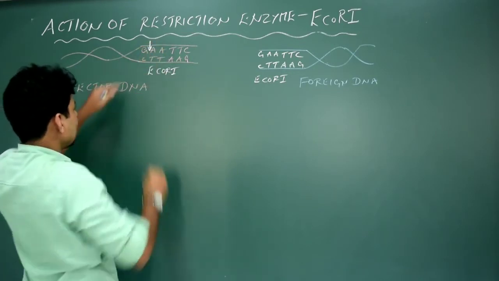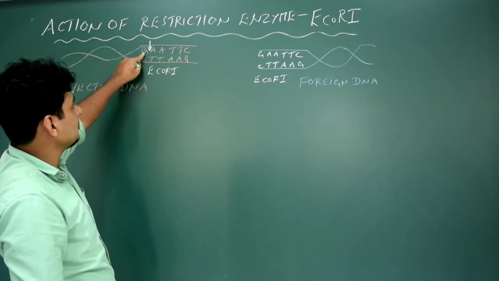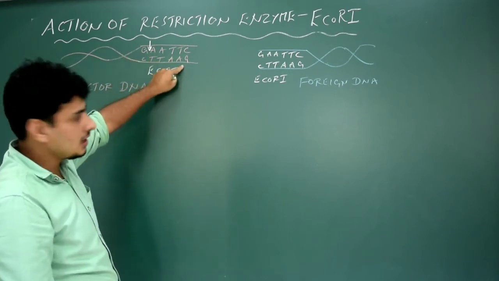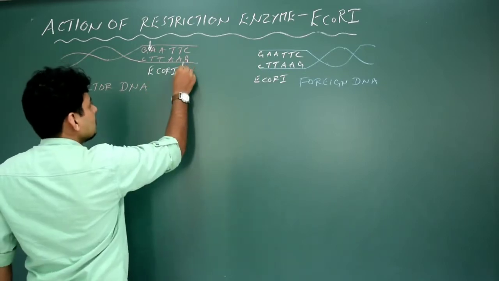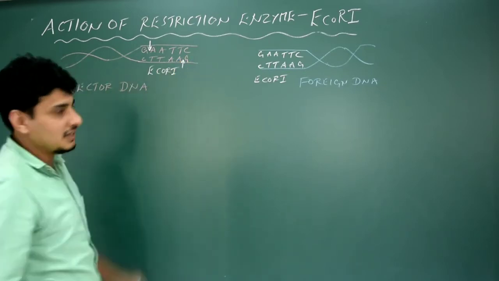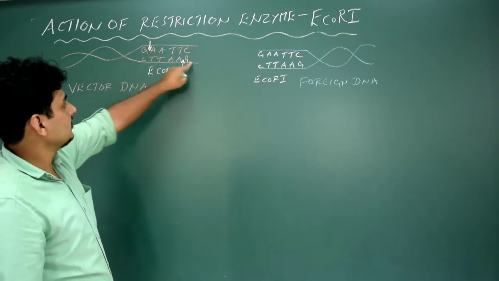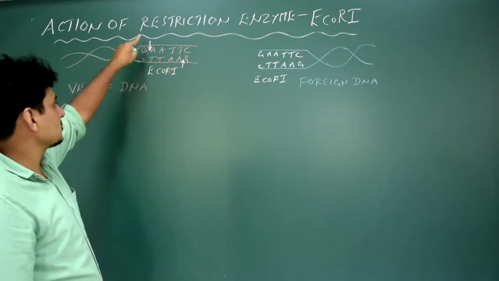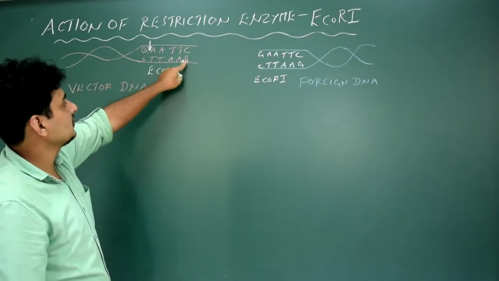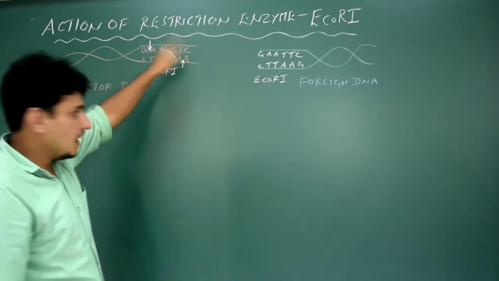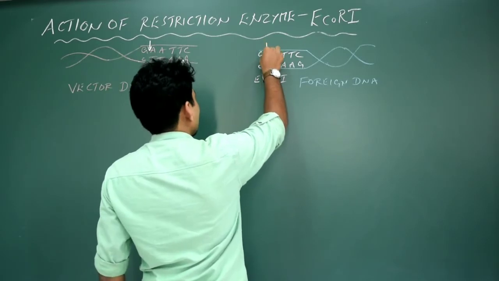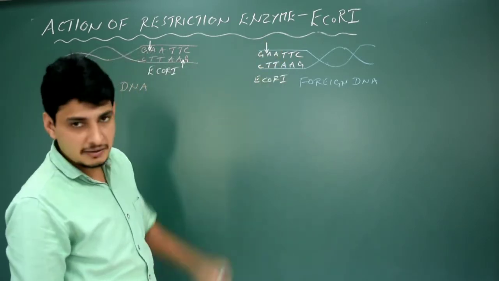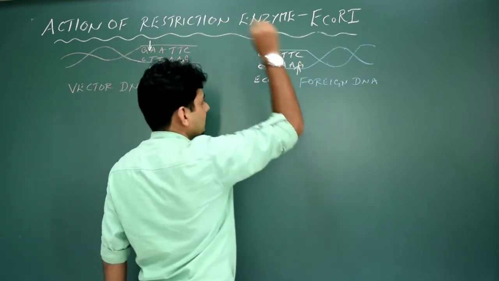On one strand they are going to cut the DNA between G and A. And on the other strand they are going to cut the DNA between G and A, but exactly opposite. See, G and A. In this case, G and A. Like this. Not here. So one strand G and A, the other strand G and A. Here also the same. Again, the cleavage point is G and A for EcoR1. Again here the same. That's it.